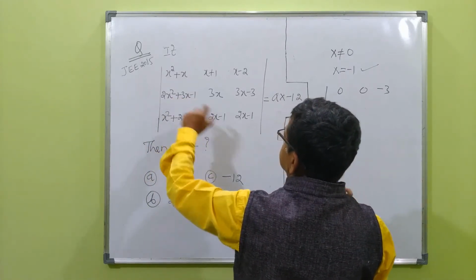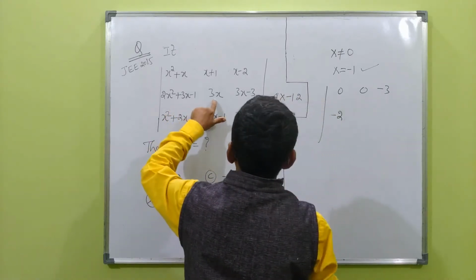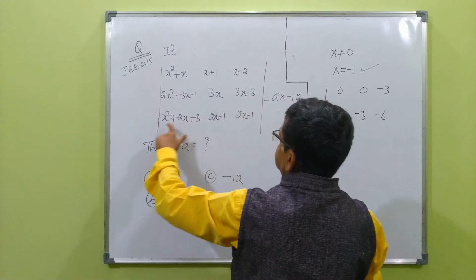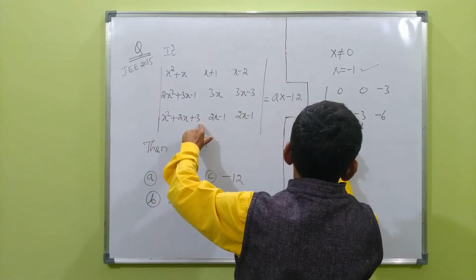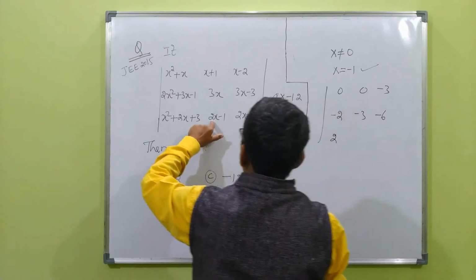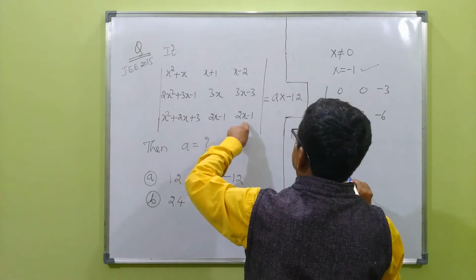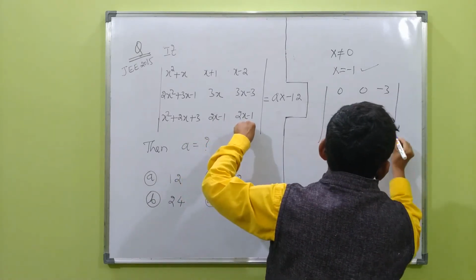Minus 3 minus 1 plus 2. So minus 2, this is minus 3 and minus 6, and 1 minus 2 plus 3, that is plus 2, minus 2 minus 1 minus 3, and this is minus 2 minus 3.